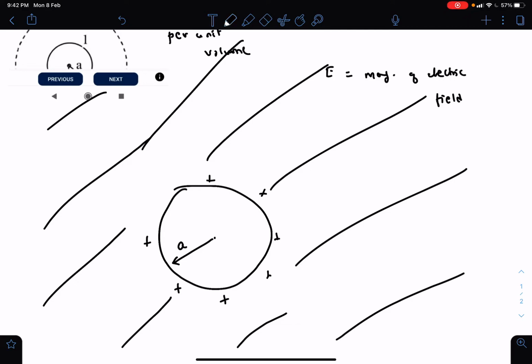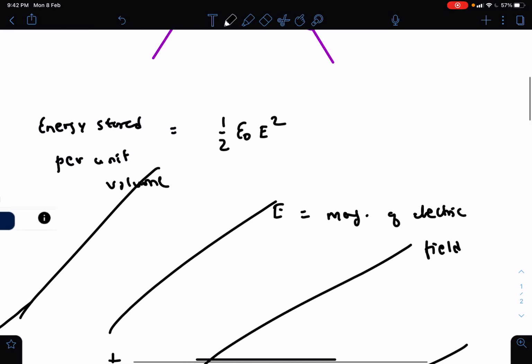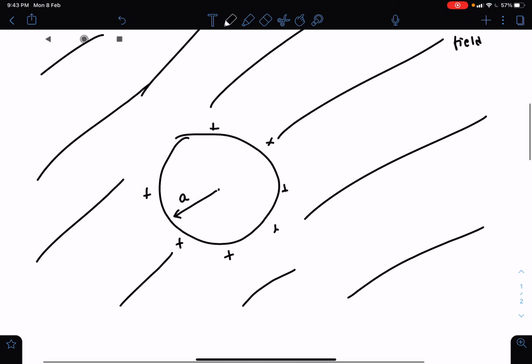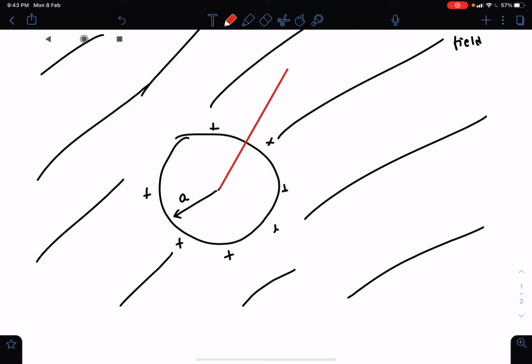Elements should be taken in such a way that within the element, the electric field energy density is the same. That means the magnitude of electric field is the same within a particular elemental volume delta V, which means one single distance from the charge.